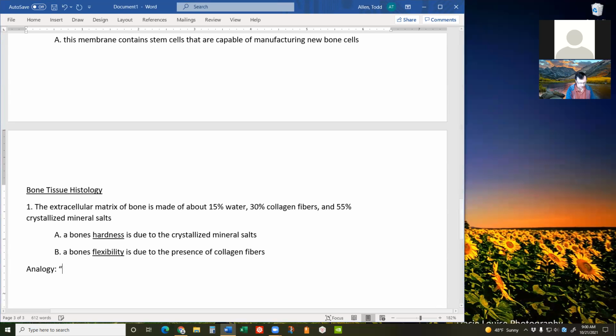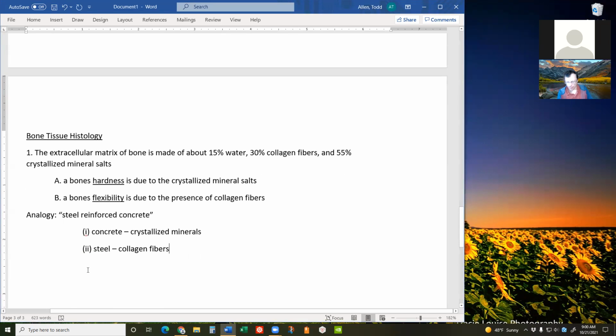So think steel reinforced concrete here, where the concrete is the crystallized minerals and the steel is the collagen fibers.